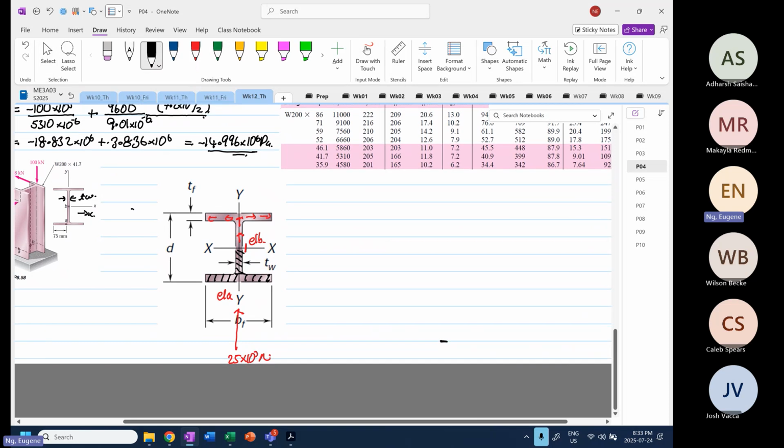So if we look at the shearing stress, the intersecting plane is Z, the direction is Y. So this is equal to Vy over Ixx times Qx over T.